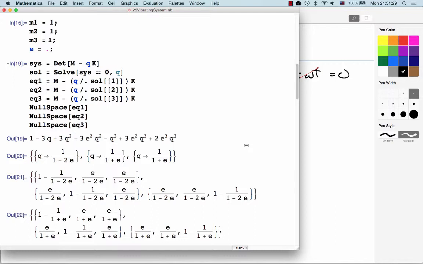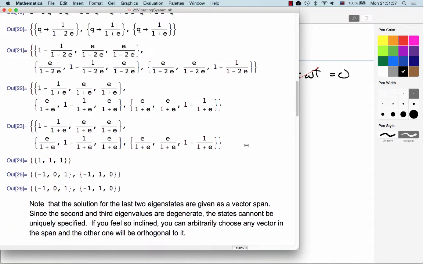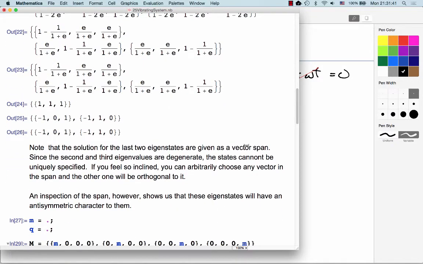So here's a nice 3x3 system with some weak coupling off to the side. And sure enough, it finds all of my eigenvalues. And then I ask it for the eigenvectors, and there they are. Here it's being quoted as a span because these are degenerate eigenvalues. But you just go ahead and pick out something perpendicular in there.